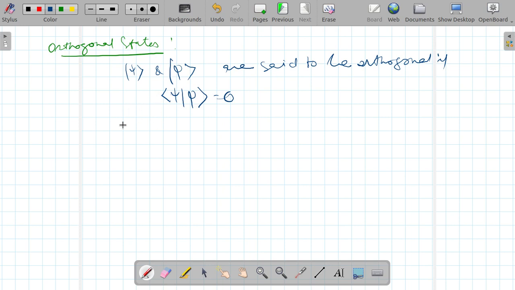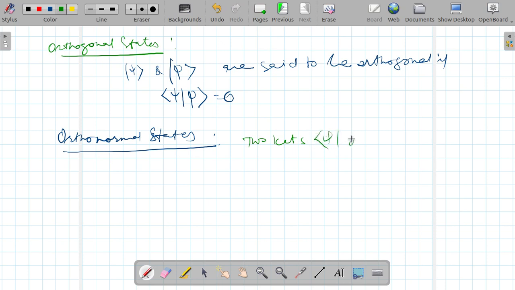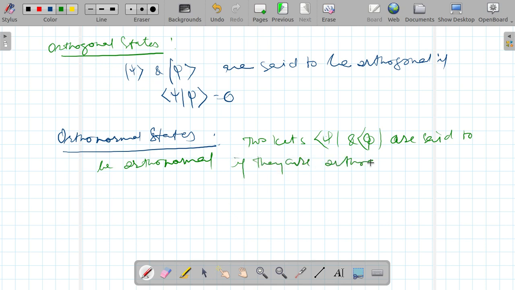Then let us talk about orthonormal states. Two kets psi and phi are said to be orthonormal if they are orthogonal and if each one of them is normalized.